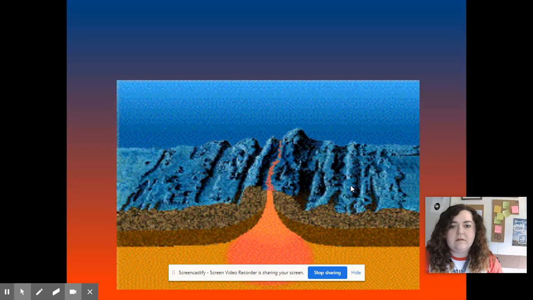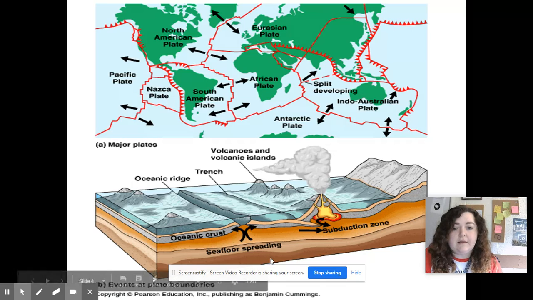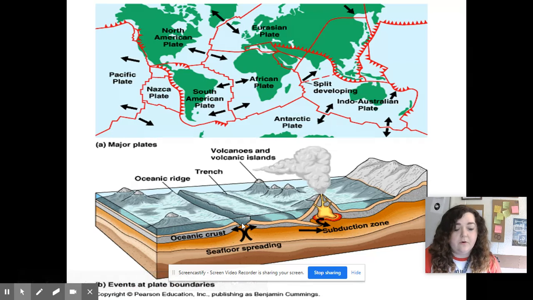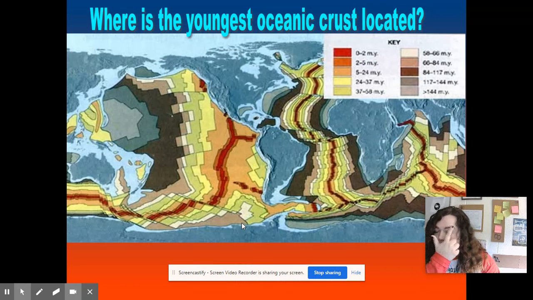So let's see here. This is just another picture of that. Here are different plate boundaries that we saw something similar to in the last video. And again, it's showing you different things that form because of these different boundaries. So where is the youngest oceanic crust located?